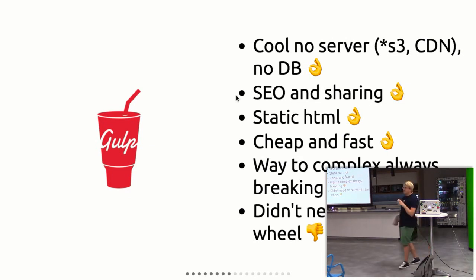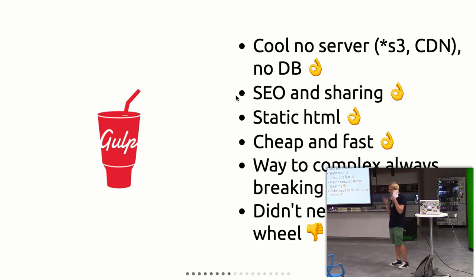Then I thought, okay, cool, I'm going to get into this static site generator thing. And also at work, we're using Gulp, so I thought, let me use Gulp. If you don't know what Gulp is, it's just a build tool, and it takes files on your computer, and you pipe them into functions, and they give you out certain things.